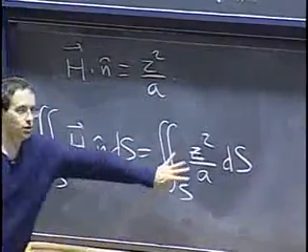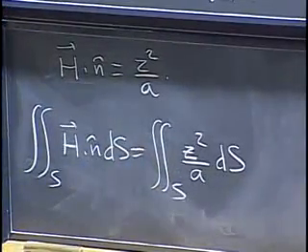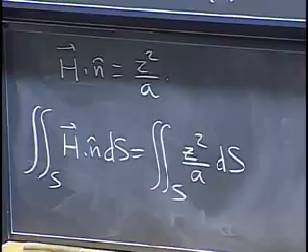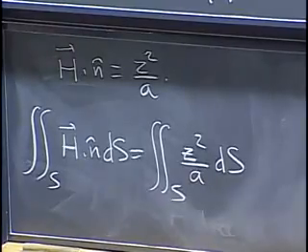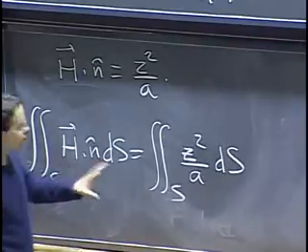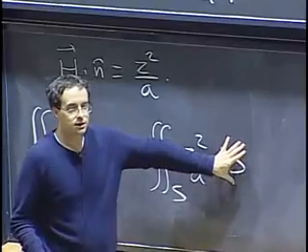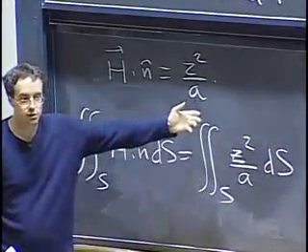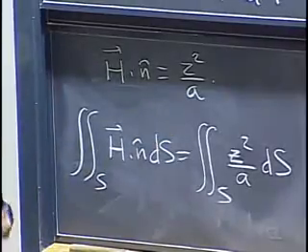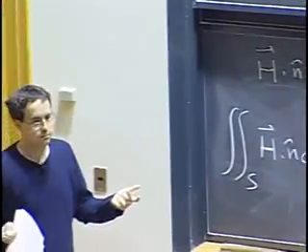We can take out the 1 over a, that's fine, but it looks like we'll actually have to integrate z squared on the surface of the sphere. So how do we do that? We have to figure out what dS is in terms of our favorite set of two variables that we'll use to integrate. What's the best way to figure out where you are on the sphere? You could try to use theta and z.